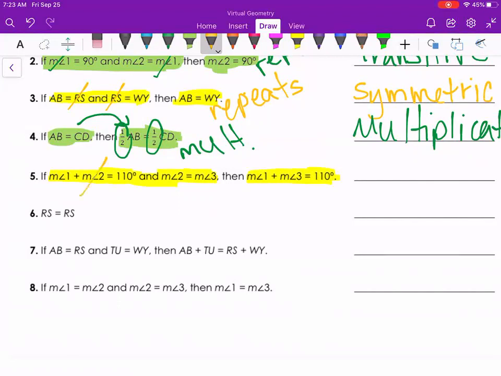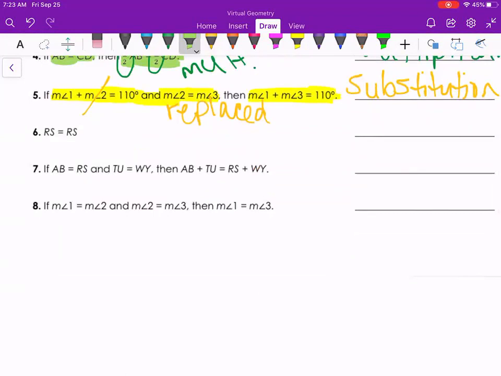Angle 2 was removed, and angle 3 was put in. This is your substitution. We replaced angle 2 with the angle 3, and we substituted it in for our problem.